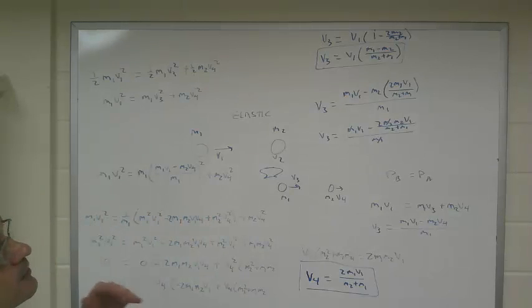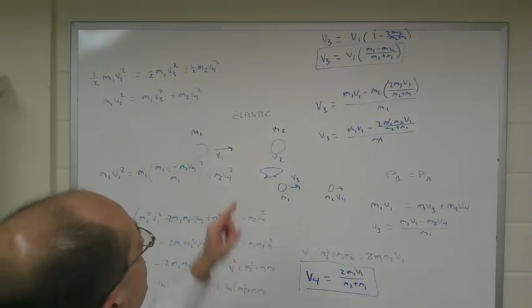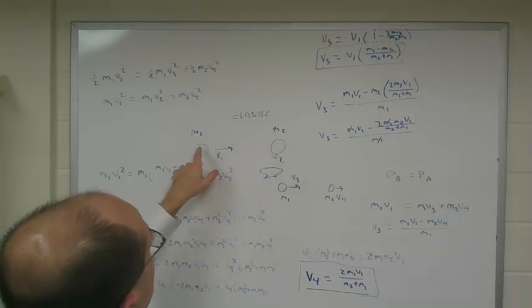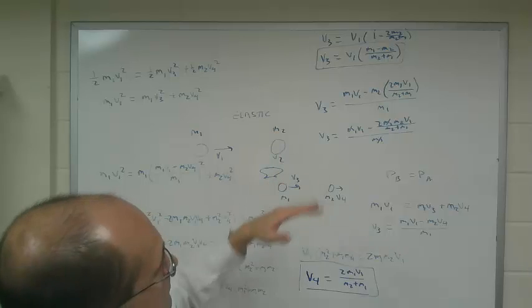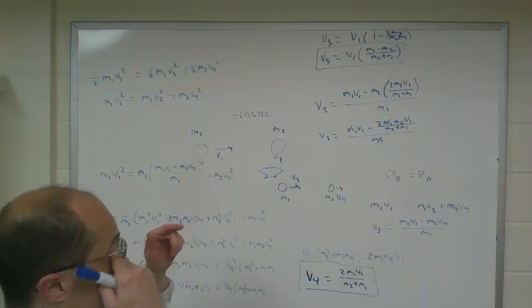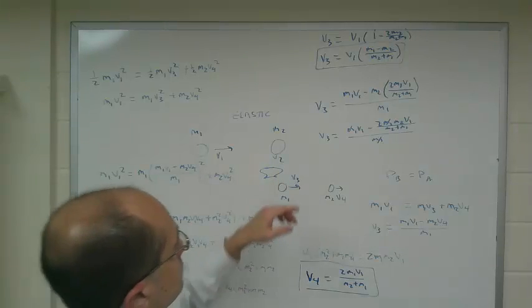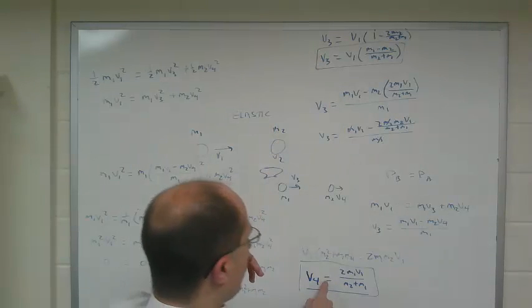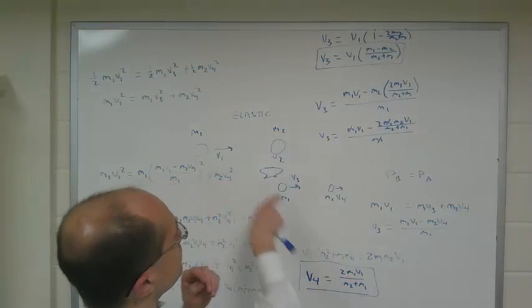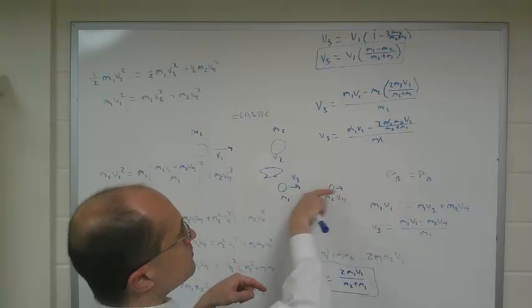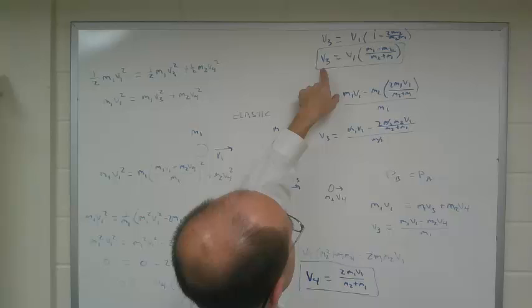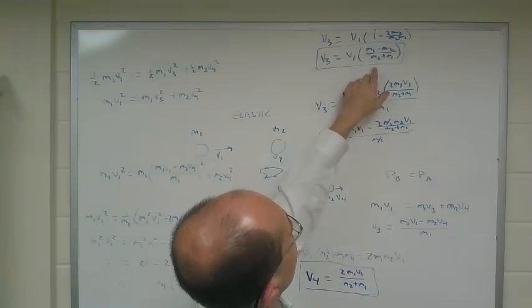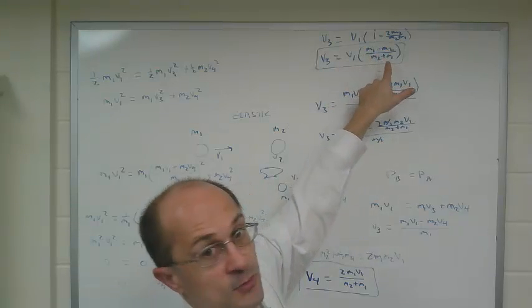And these are generalized solutions for an elastic collision as long as M2 is stationary and M1 strikes M2, and we can see the different outcomes. So V4 will always be moving forward. Ball 2 will always move forward after the collision. But ball 1 can move forward or backward depending on which mass was heavier.